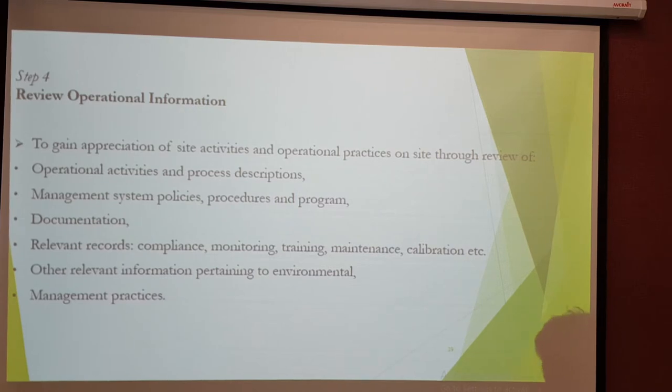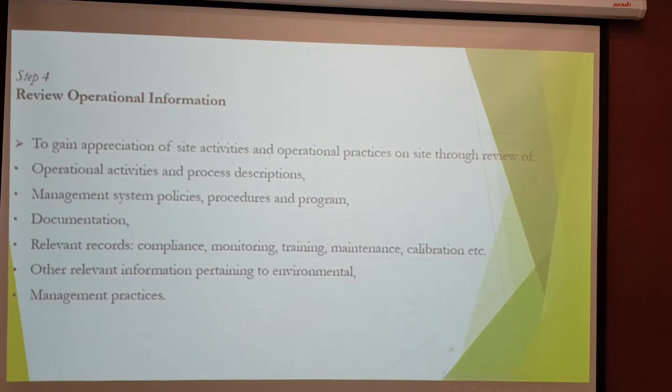Now in step 4, review operational information, to gain appreciation of site activity and operational practices on site through these 6 things. First, operational activity and process description, meaning the flow diagram. You can check the water balance, mass balance, flow diagram. Then management system policies, procedures, programs. That can be available in the EIA report also.